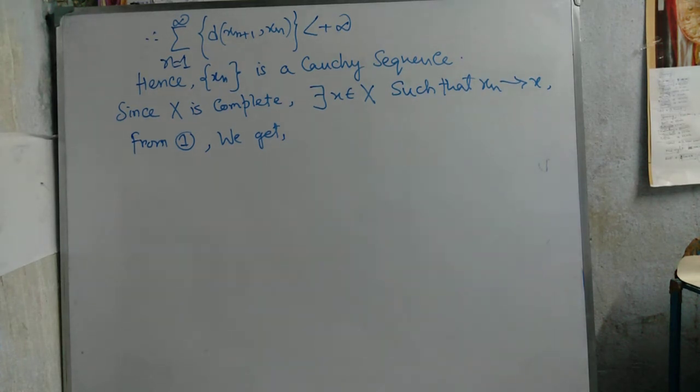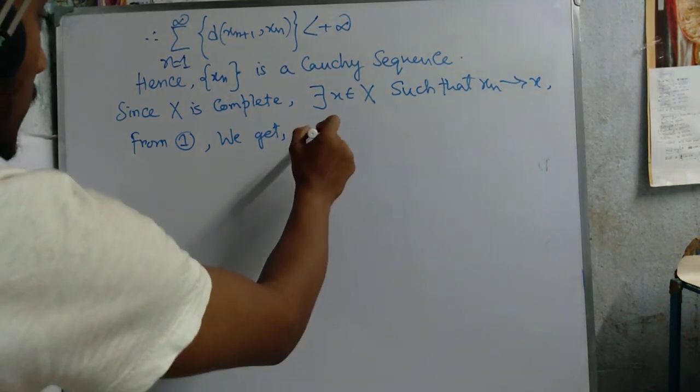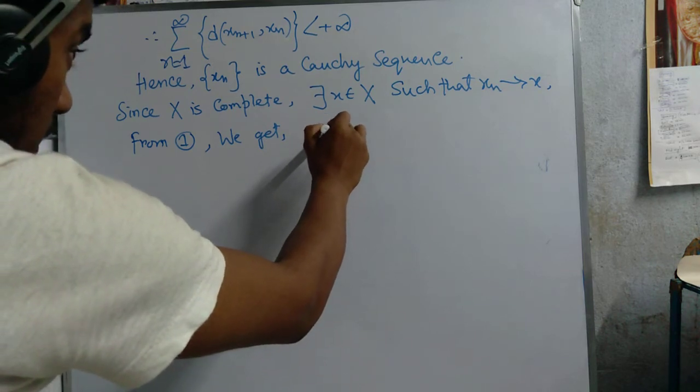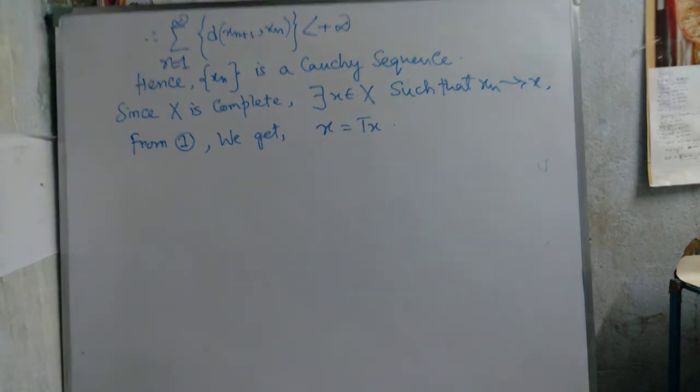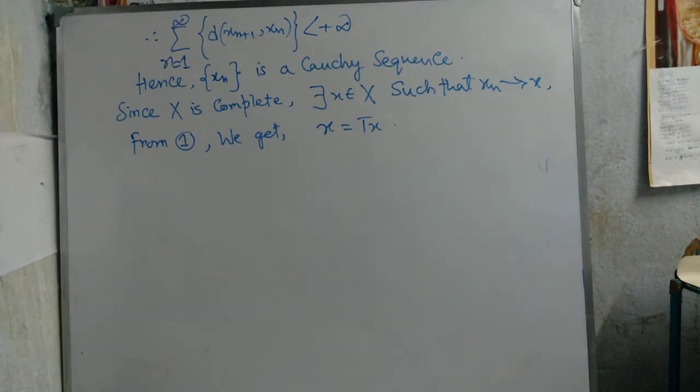From this we obviously get that x equals Tx, because we also wrote x_{n+1} equals T x_n, and x_n converges to x, so x_{n+1} converges to x, and T x_n converges to Tx. Hence we get x equal to Tx.